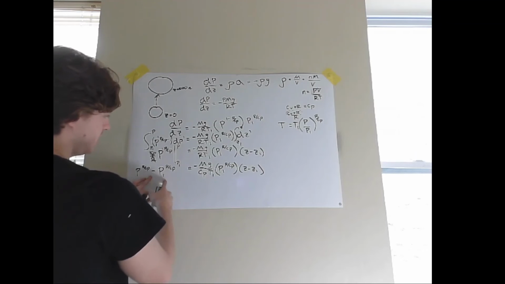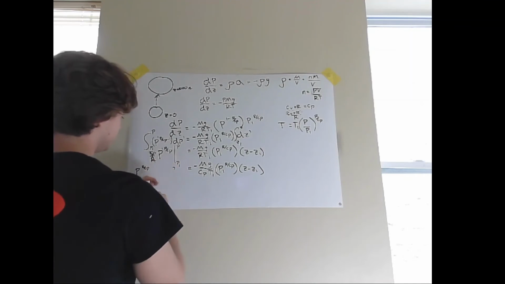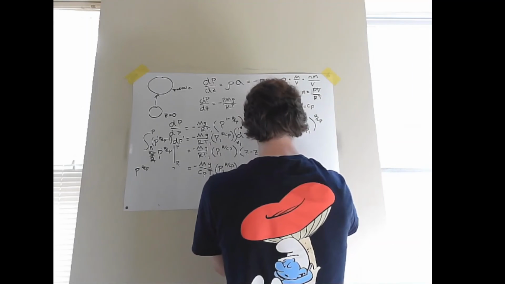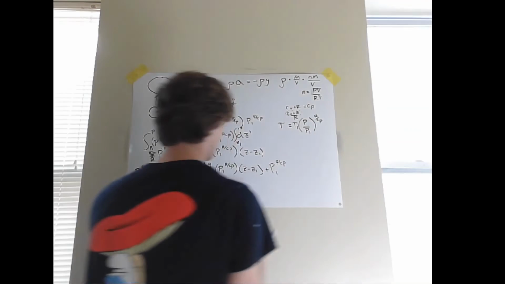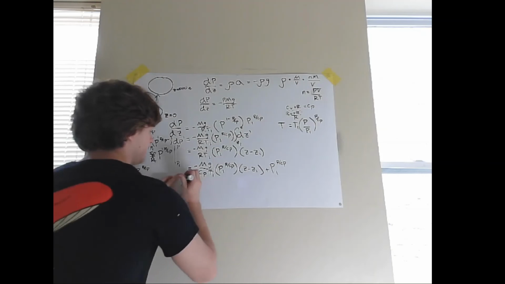I'm going to add this term to the right side of the equation. And as you can see, we now have two like terms, so I'm going to factor it out.